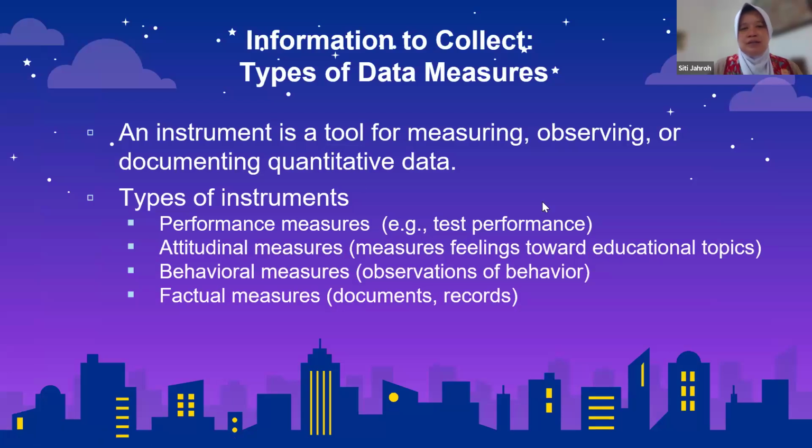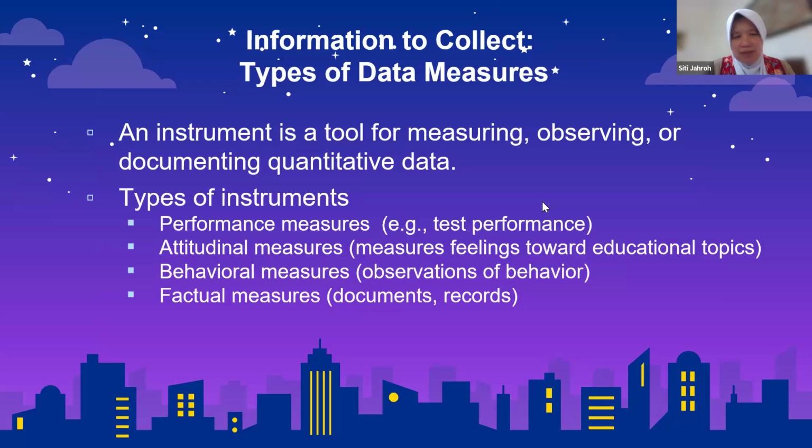Okay, and then next, the information to collect. The data measure. What are the types of the data measure? Actually, an instrument is a tool, a tool for measuring, observing or documenting the quantitative data.